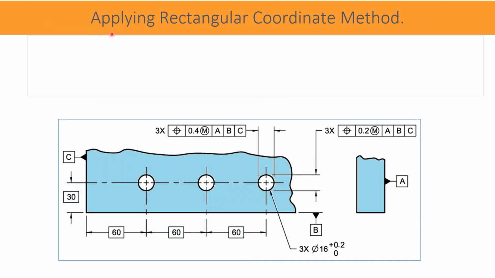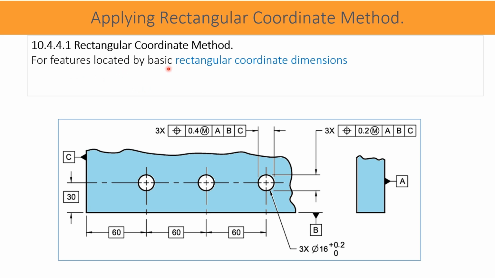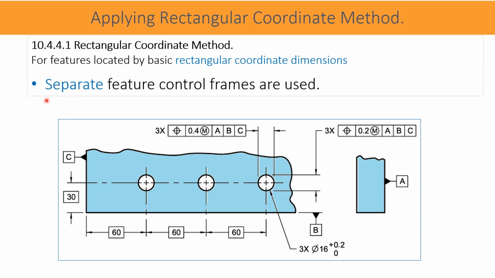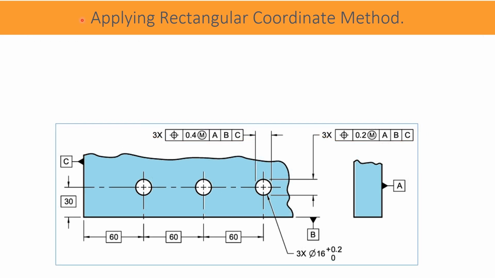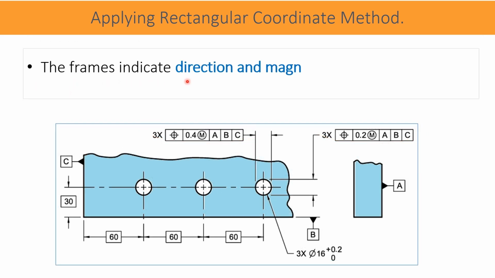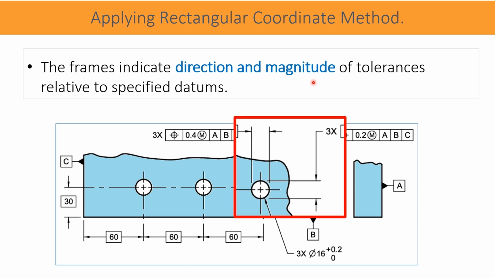Applying the rectangular coordinate method. For features located by basic rectangular coordinate dimensions, separate feature control frames are used in two different directions. The frames indicate direction and magnitude of tolerances relative to specified datums.